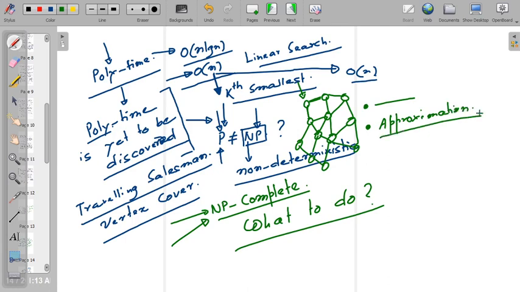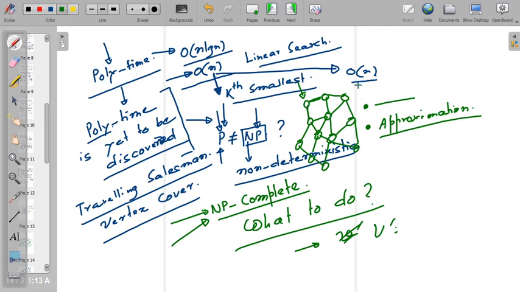If in this general graph we are trying to find the vertex cover, then the minimum V prime consists of the minimum number of vertices which cover all the edges. So that is a minimization problem.